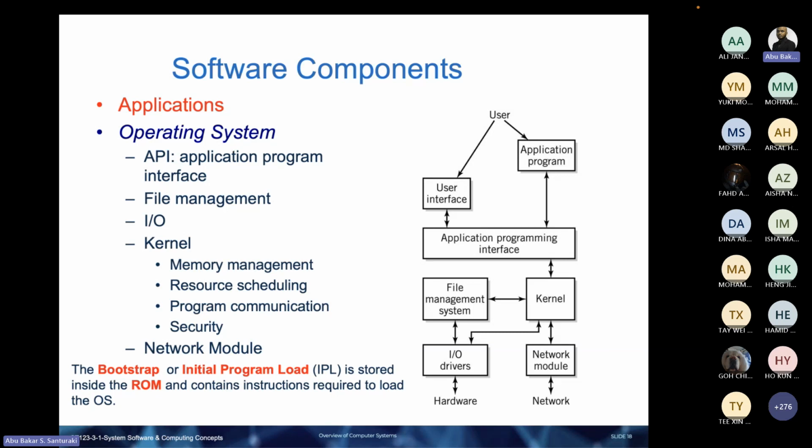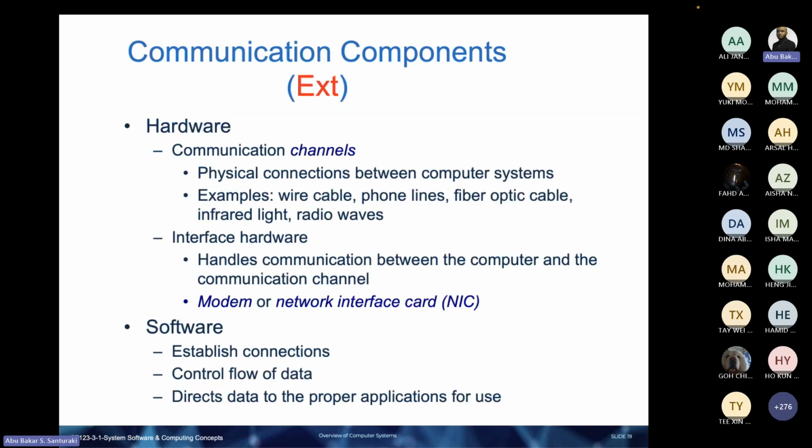So when you turn on the computer, there's a program that controls that booting process. It's called the bootstrap program. Another name for it is the initial program load. The kernel is the most important part of the operating system that is loaded immediately after you start up the computer. Then the memory non-resident are your utility programs that enhance functionality.